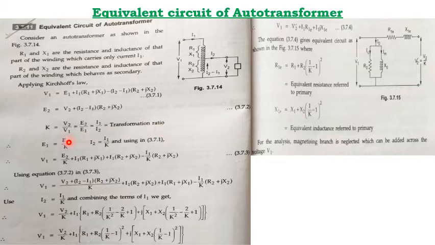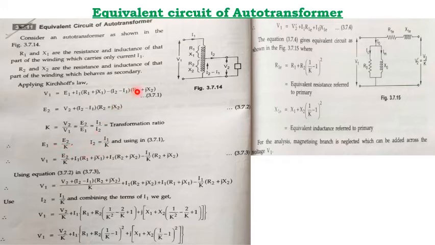Now consider the ratio E2 by E1 equal to K. From this, E1 is equal to E2 divided by K. Similarly, consider the current ratio I1 by I2 equal to K. From this, I2 is equal to I1 divided by K.